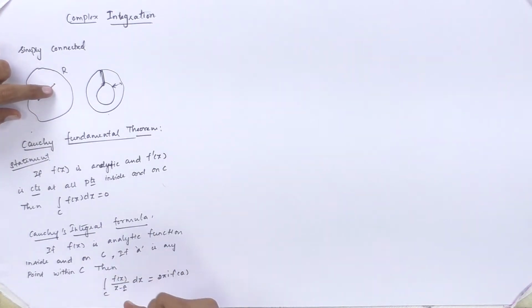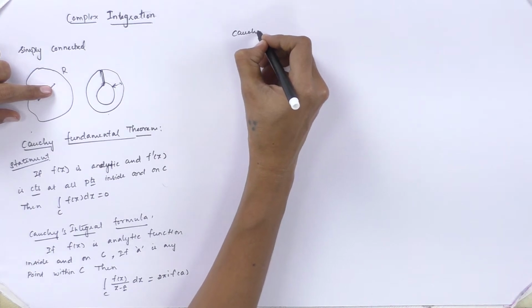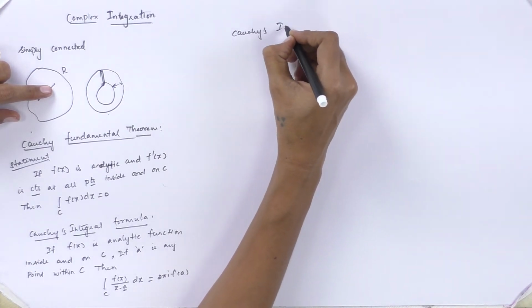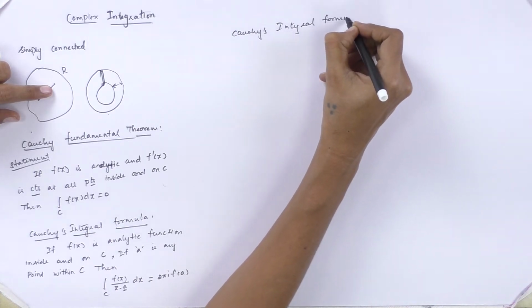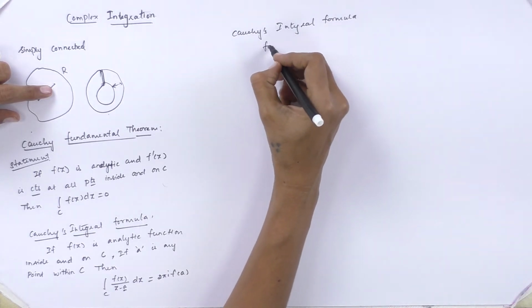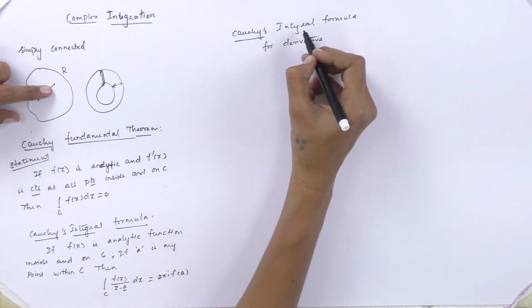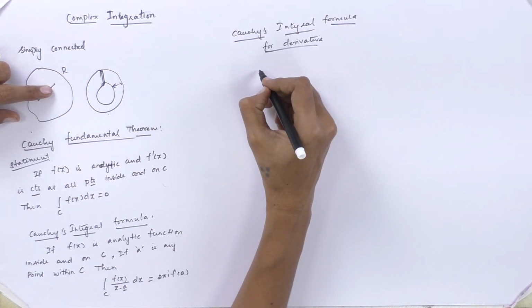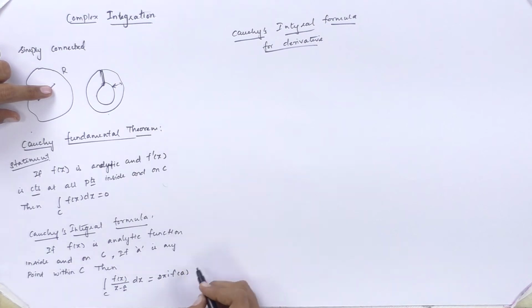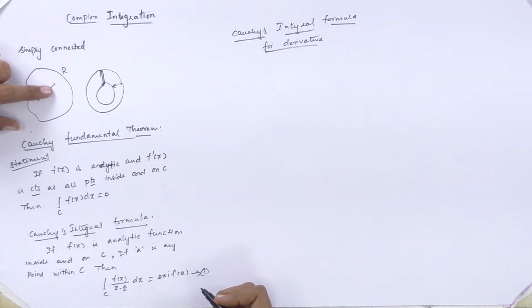From this statement of Cauchy's integral formula, we can derive the Cauchy's integral formula for derivative. It is nothing but differentiating this formula. Let us call this equation number 1. Differentiate equation number 1 with respect to a.